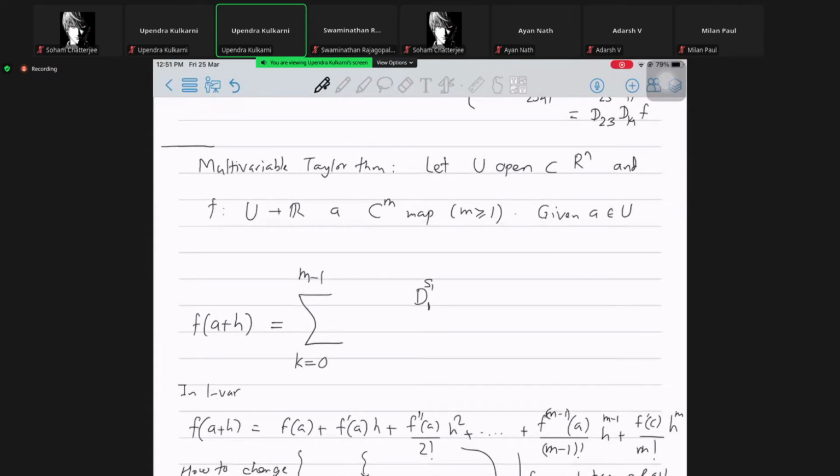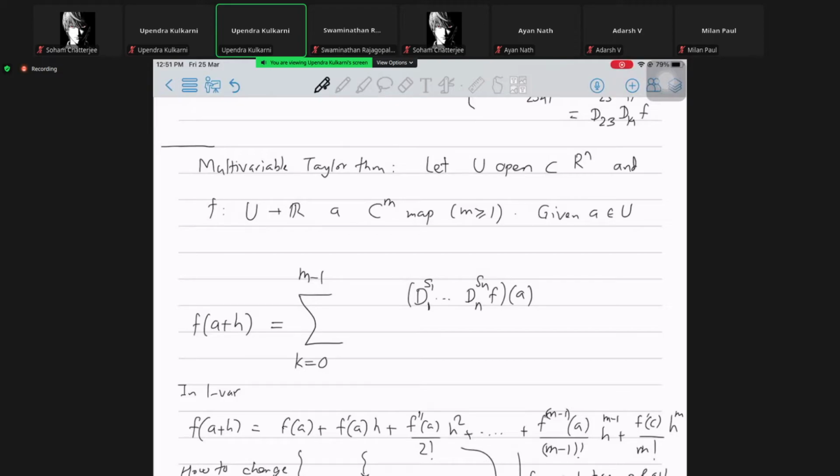So if I take d1 coming s1 times up to, okay, how many variables do I have? n, s_n times. And if I take that partial derivative applied to A, every such term I have to divide by how many factorial? K factorial, right? Remember, this is the degree k term.